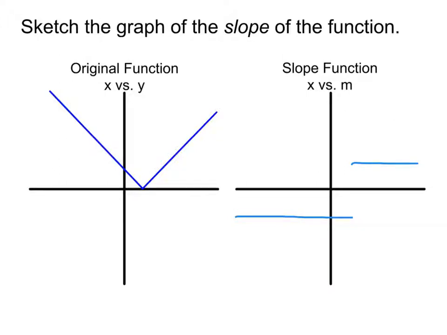In fact, there's all sorts of different kinds of tangent lines that we could draw in there to figure out what the slope actually is. And so, because there are multiple slope lines that we could draw there, we don't know what the slope is at the vertex. Because of that, we're going to go ahead and draw in open dots at the end of each of those line segments.